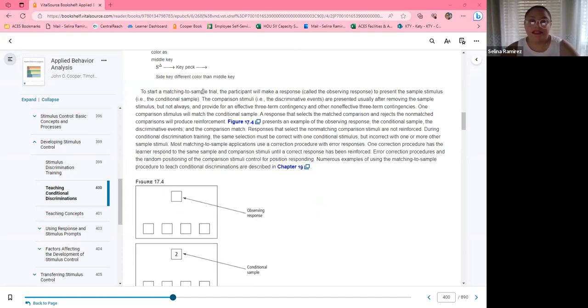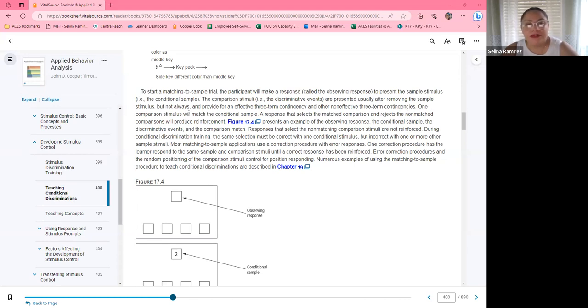To start a matching to sample trial, the participant will make a response called the observing response to present the sample stimulus, the conditional sample. The comparison stimuli, discriminative events, are presented usually after removing the sample, but not always, and provide for an effective three-term contingency and other non-effective three-term contingencies.